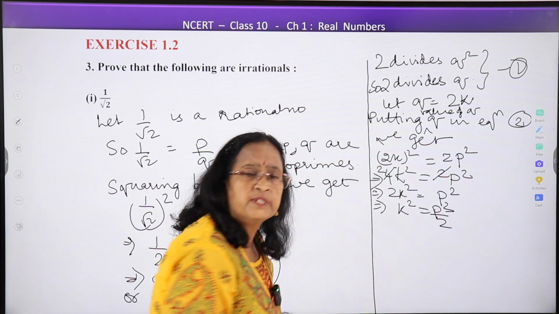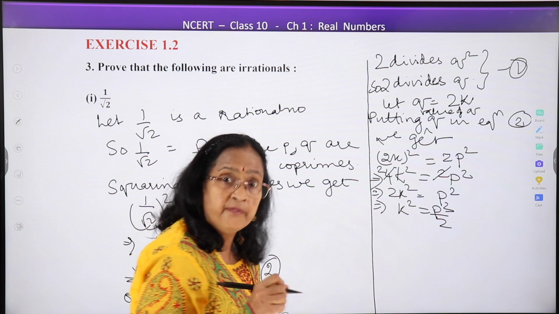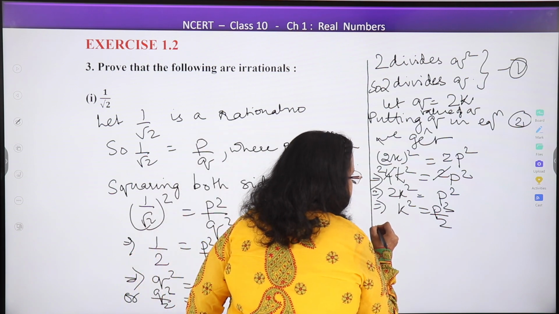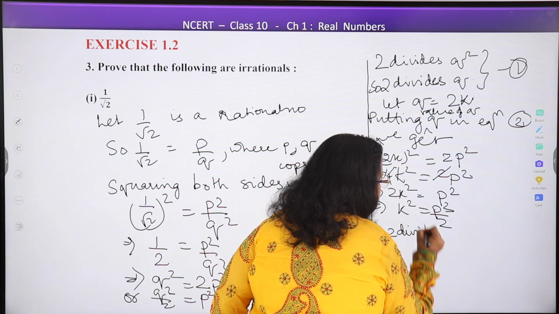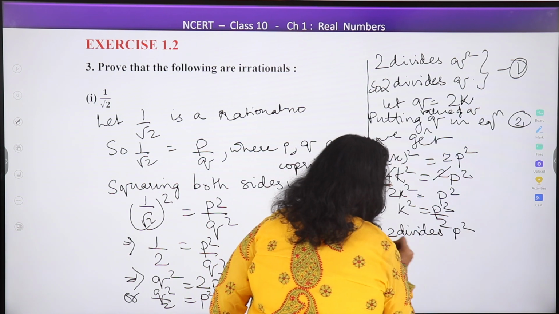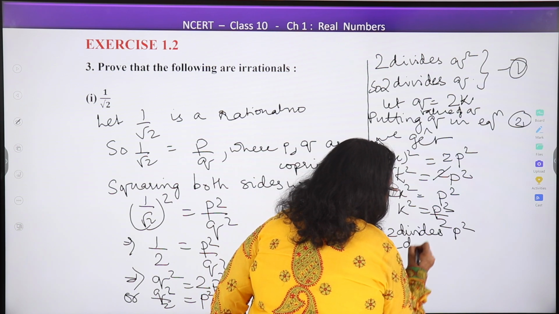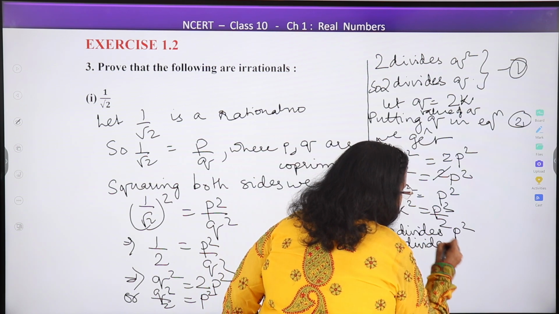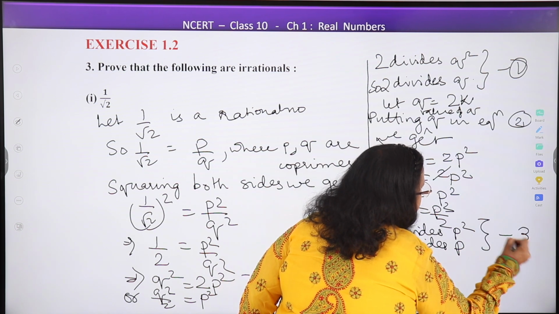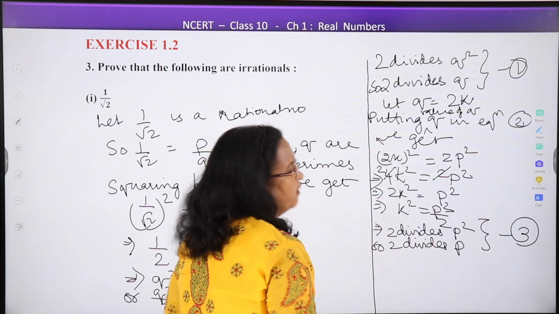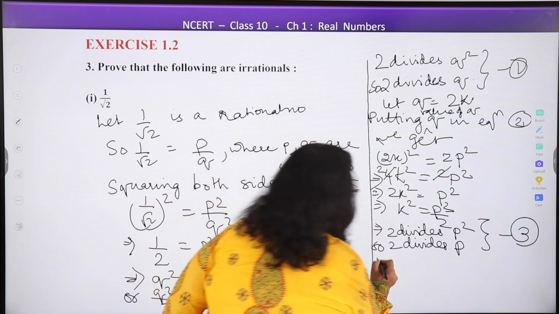What are the two things we should write, students? Very good. That implies 2 divides P square. So 2 divides P. Now we can write this as equation 3. All right. Now what do we do?